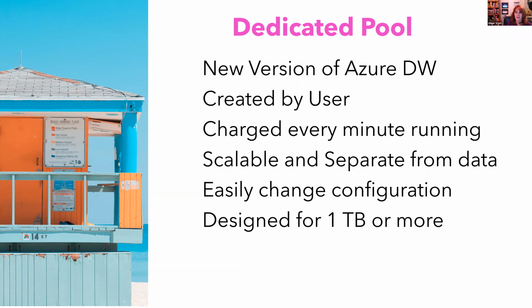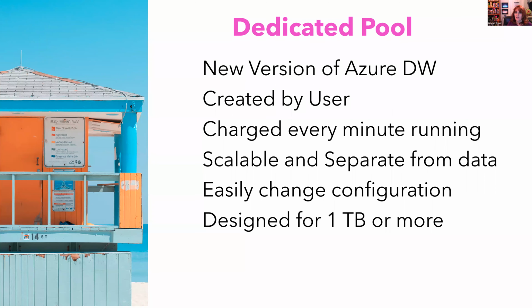What they did is they made it a lot easier, though, to change your sizing. So if you want to go from small to large, you can do that very quickly. But you are charged for every minute that it's running. Not what you're doing with it, but every minute that it runs. Dedicated pools are great if you have data that's over 1 terabyte in size.